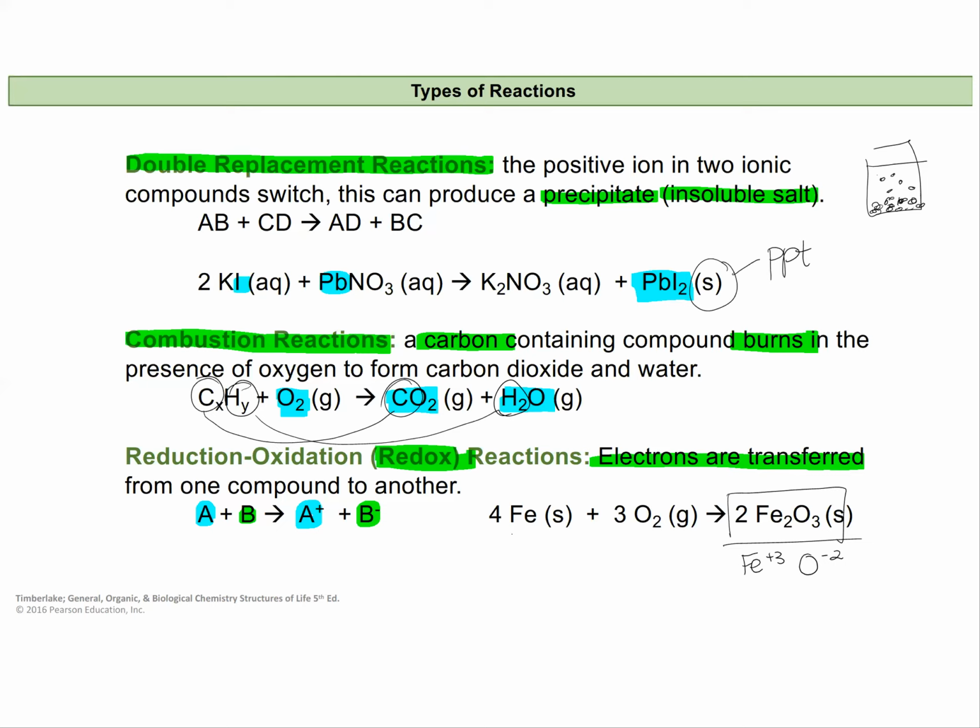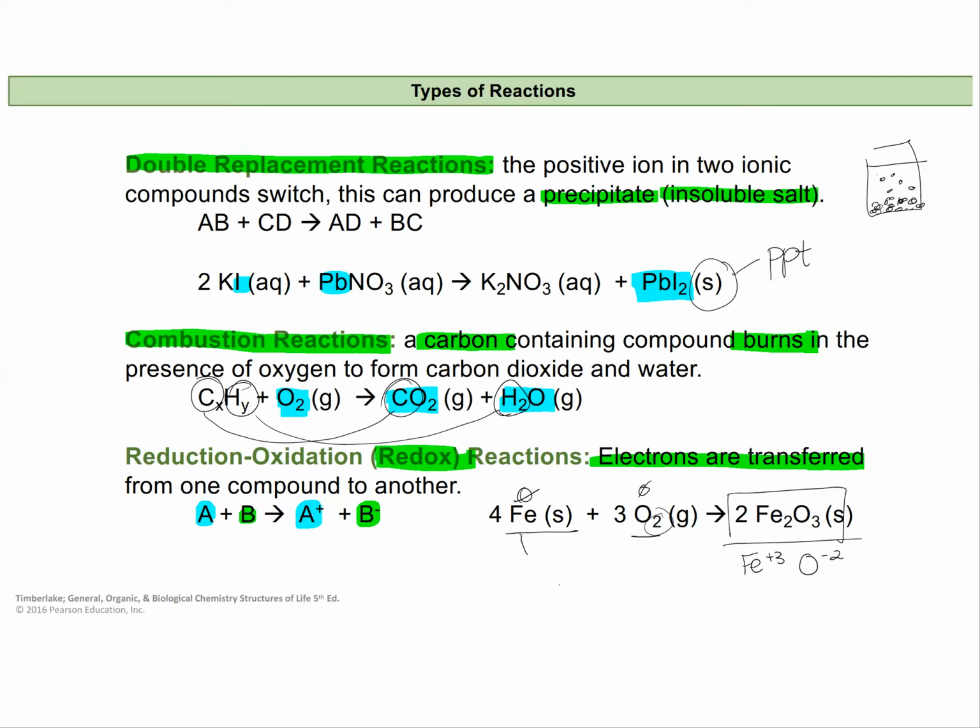My iron on my reactant side is just iron metal, and so that means it's a neutral atom. It has a charge of 0. My oxygen is also in its elemental state, so it has a charge of 0. Our nonmetals, when they're elements, are oftentimes going to have 2 or more of the atoms covalently bonded together, but they'll still have a charge of 0.